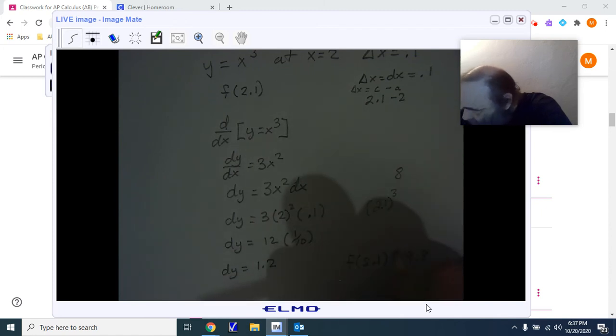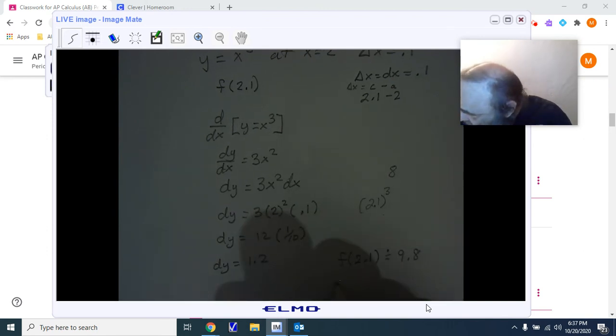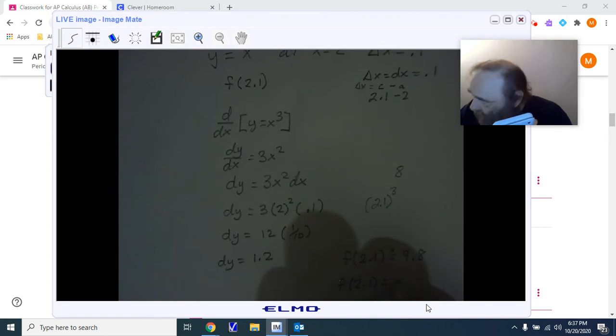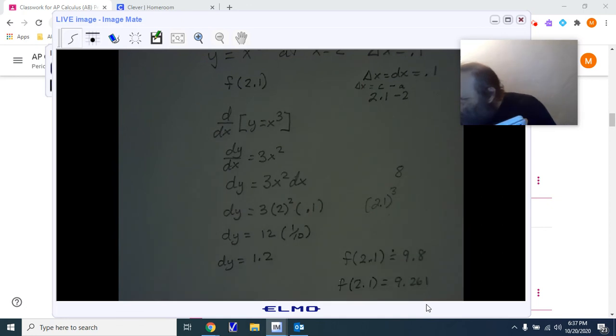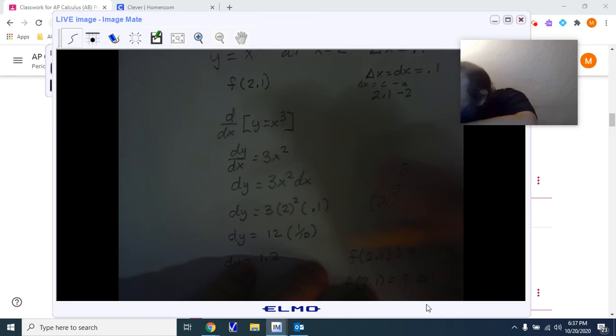It is an approximate value, but we could find the actual value by just using our calculator. I'm going to go 2.1, the quantity to the third power, and lo and behold, the actual answer is 9.261. Oh, that should have been 9.2, not 9.8.